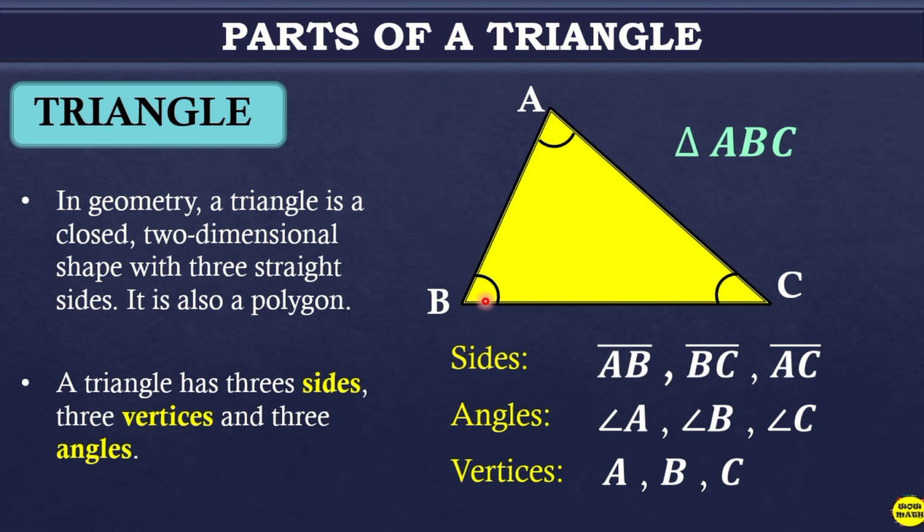Yes. Can we call it triangle BAC? That's also possible, because to name a triangle we use those three vertices. So any of those, ACB, triangle ABC, triangle CBA, any of them.